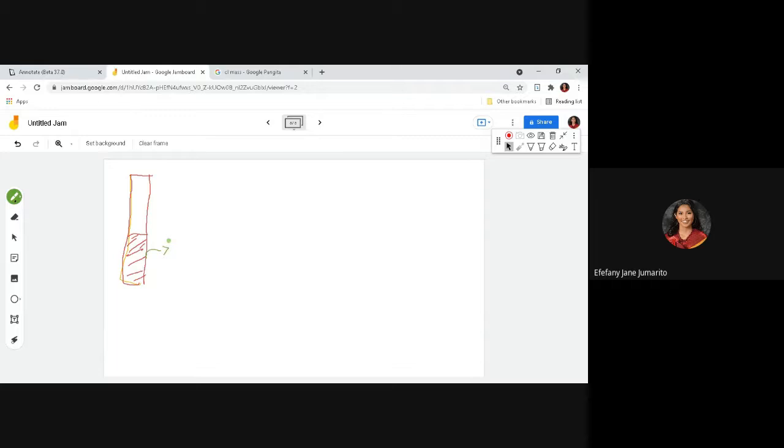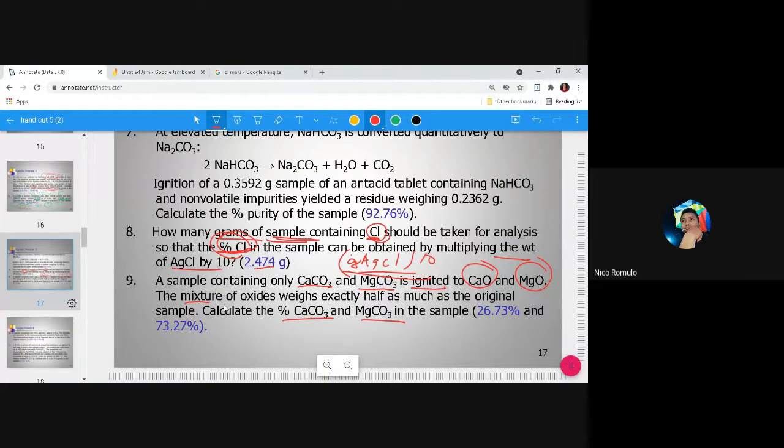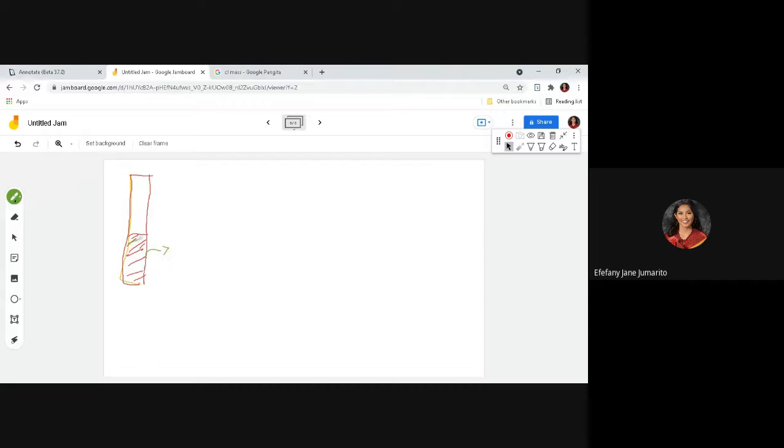It has a percent, ma'am. It's a percent of calcium carbonate or of the other one. What's this one? Magnesium, basta MgCO3. Okay, what is that, Mikey? Magnesium carbonate. Okay, so this is your sample.